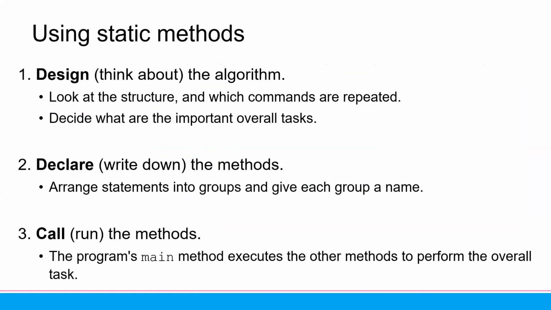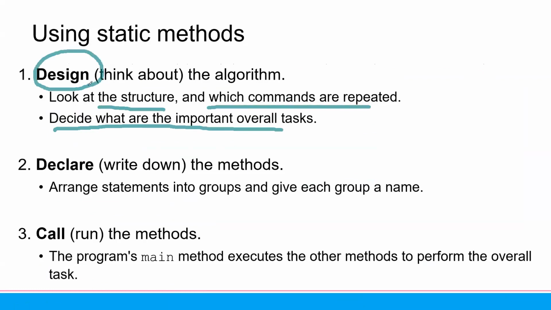When you are making static methods, we need to have a design, or you need to think about an algorithm. We need to look at the structure, and know what commands are repeated. And you need to decide what the important overall tasks are. So designing is important.